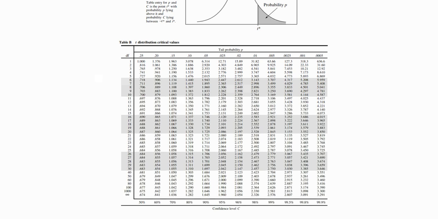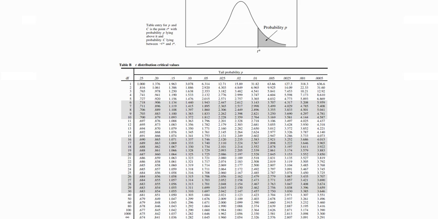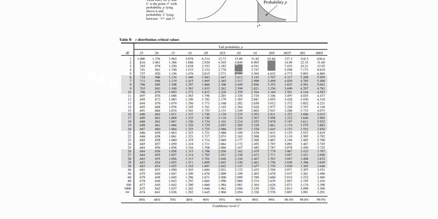Okay, and so here is what t is needed for the confidence interval. All right, if we're doing a 95% confidence interval, well, in a t distribution, you have two different things that you need. You have the degrees of freedom that you're looking at, and also you need to figure out the area of the side you're doing. So instead of being a percentile, it's really something that is above that we're looking for.